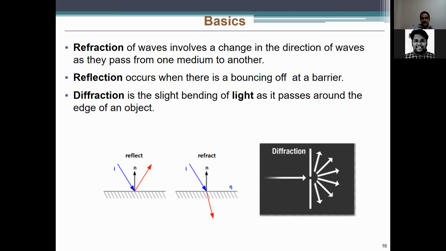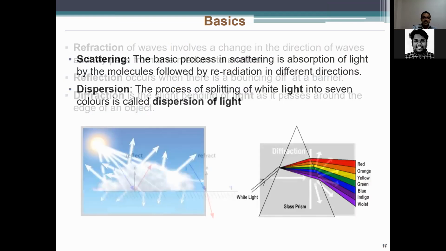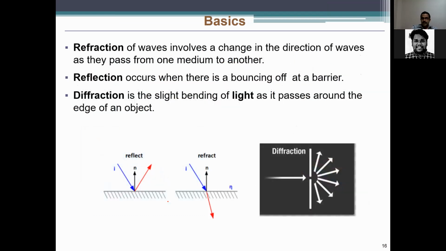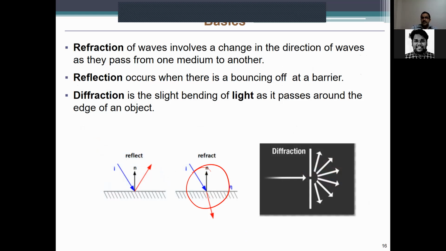What is refraction? Refraction involves the change in the direction of waves as they pass from one medium to another. When light passes from one medium to another, you can see that it will not go in a straight line. Instead, the light will bend slightly to a different direction, and then it will move. That property of light is known as refraction.